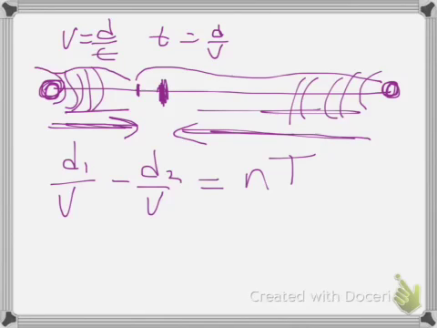So if we solve this for d1 and d2, d1 minus d2 equals, and we move the v over since it's a common denominator, we can factor that out, then it would be nT times v.